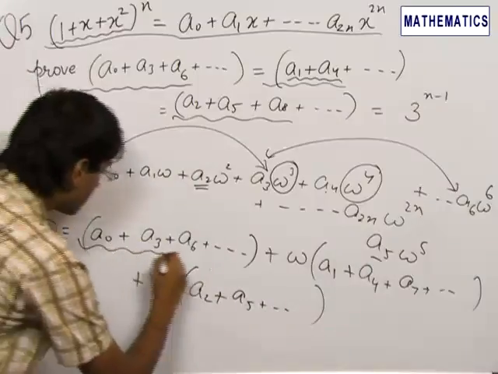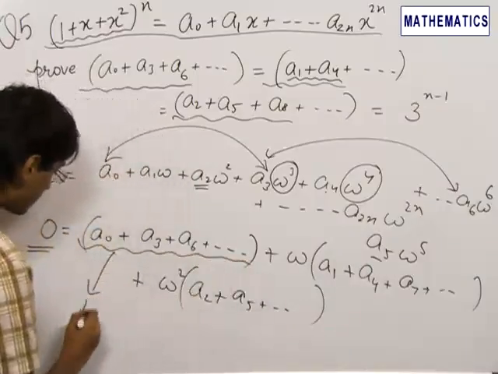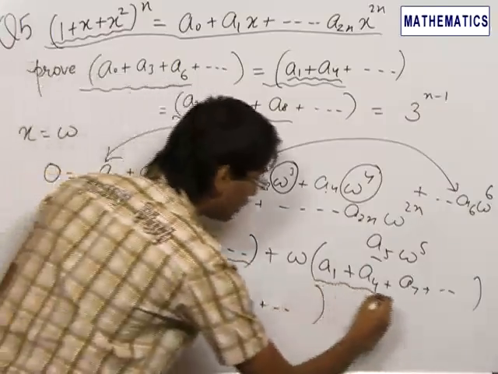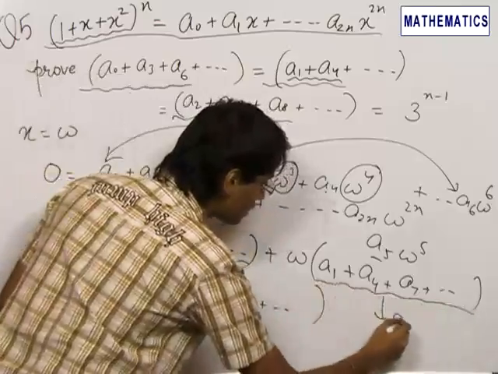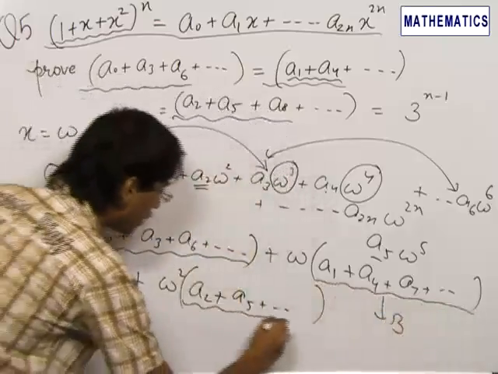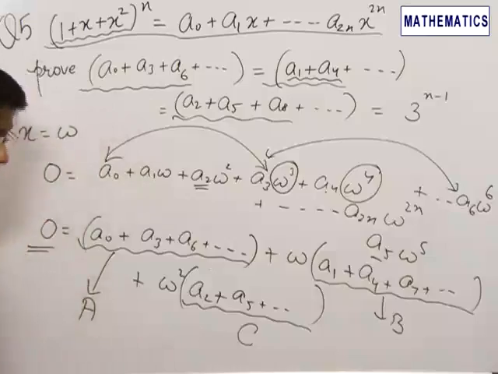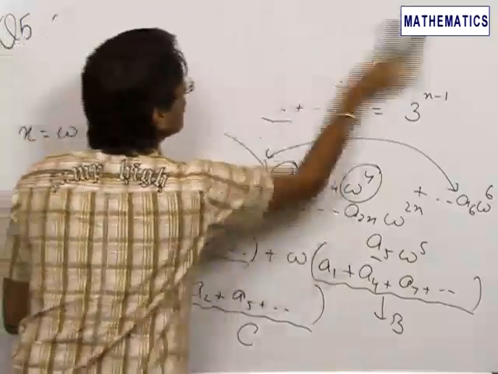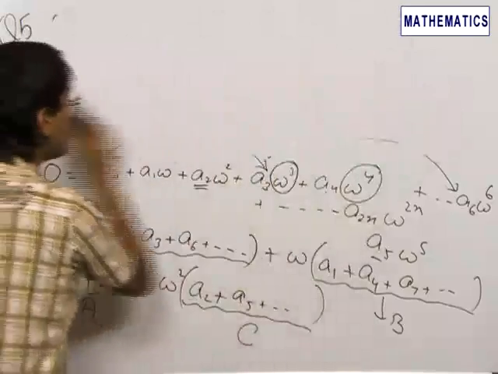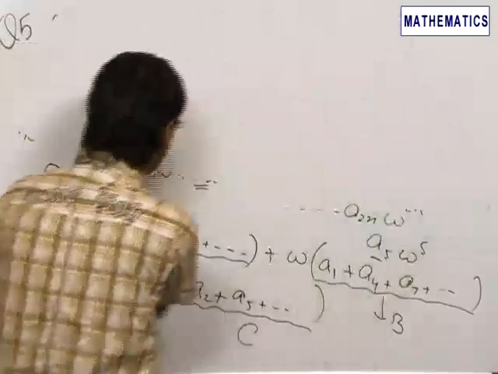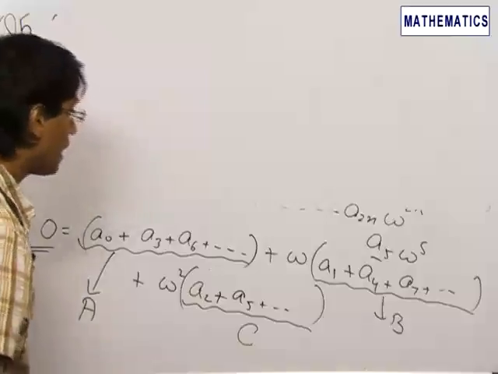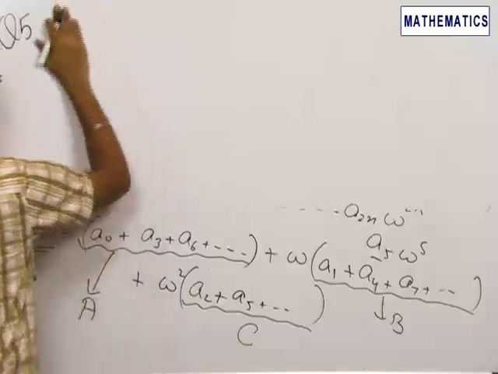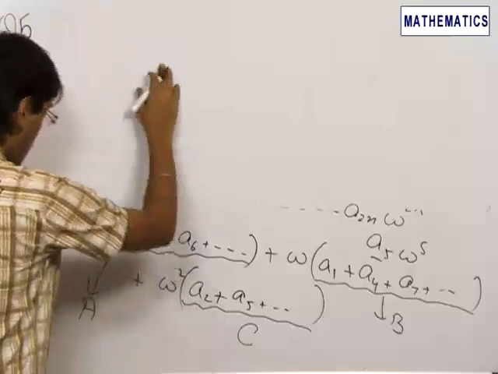So let us take the value of this thing as A, this thing as B, and this thing as capital C. We need to prove that capital A is equal to capital B is equal to capital C, and the value is 3^(n-1), as asked in the problem.